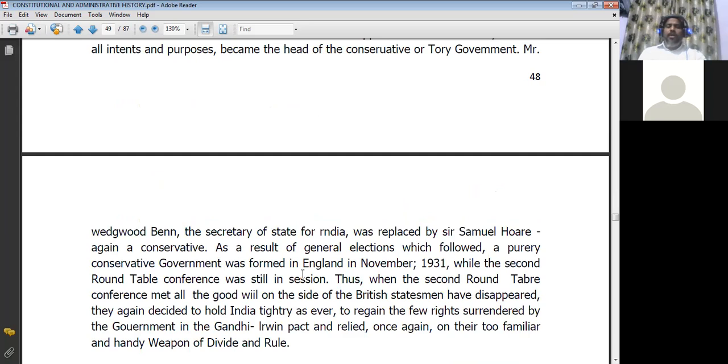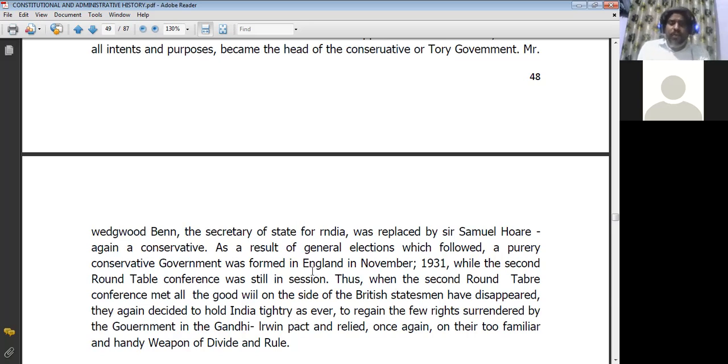Mr. Wedgwood Benn, the Secretary of State for India, was replaced by Sir Samuel Hoare, again a conservative. So, as a result of general elections which followed, the conservative government was formed in England in November 1931, while the second roundtable conference was still in session.